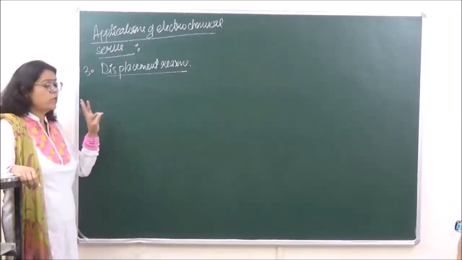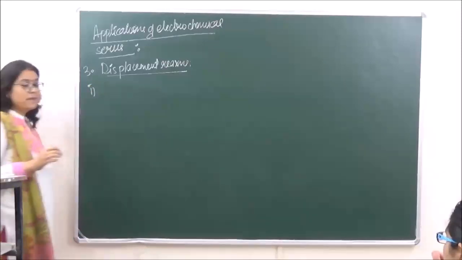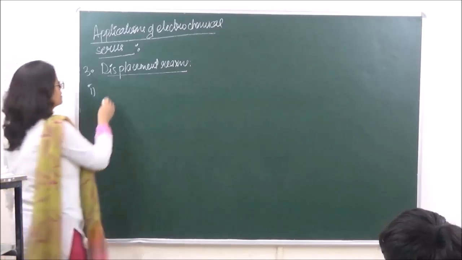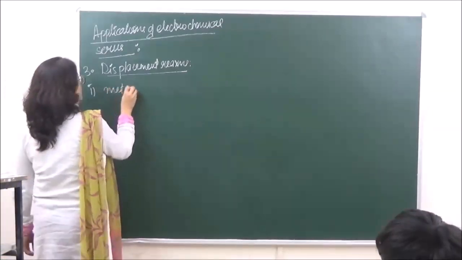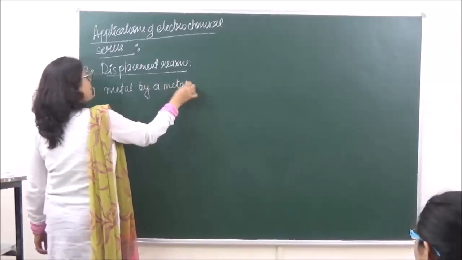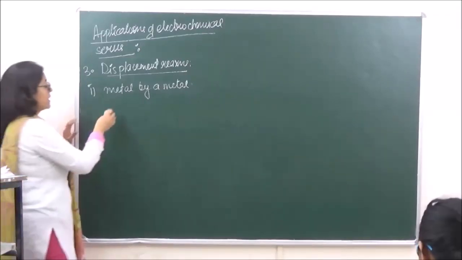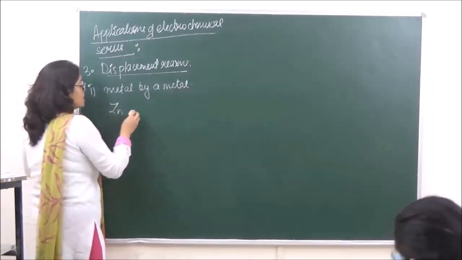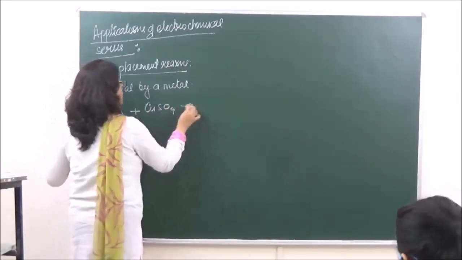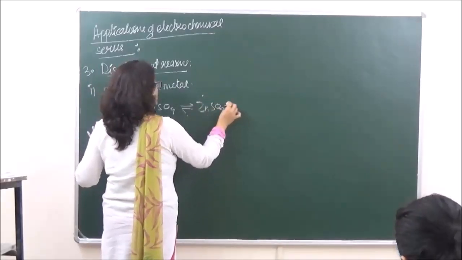So over here we are going to study three categories. The first one is displacement of metal by a metal, right? Now when we were doing the galvanic cell, we had done the reaction Zn plus CuSO4 to give us ZnSO4 plus Cu.